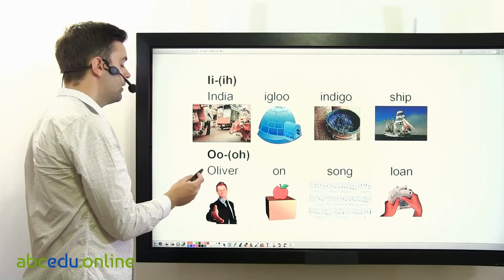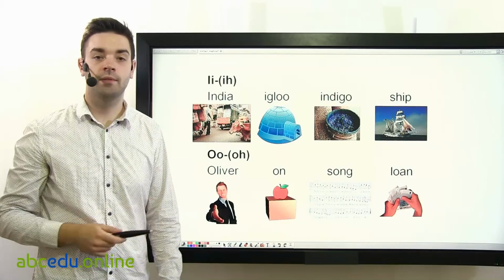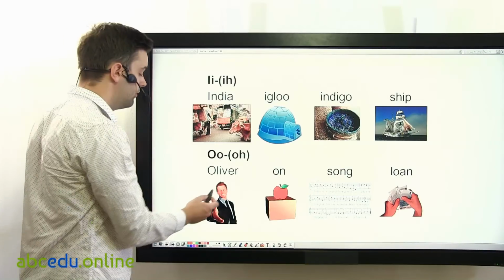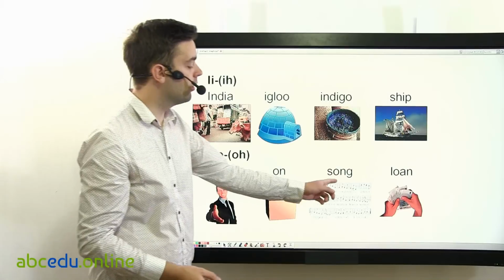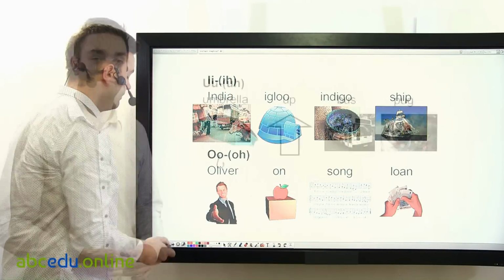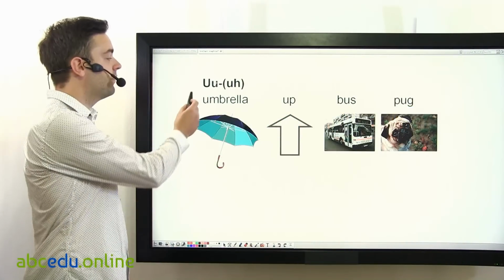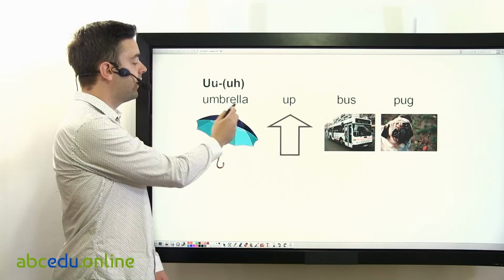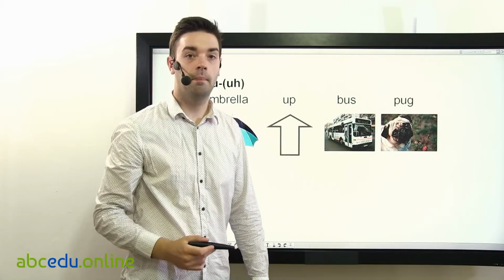Next we've got O. So O sounds like O. So we've got Oliver, on, song, loan. Next we've got U. So umbrella, up, bus, and pug.